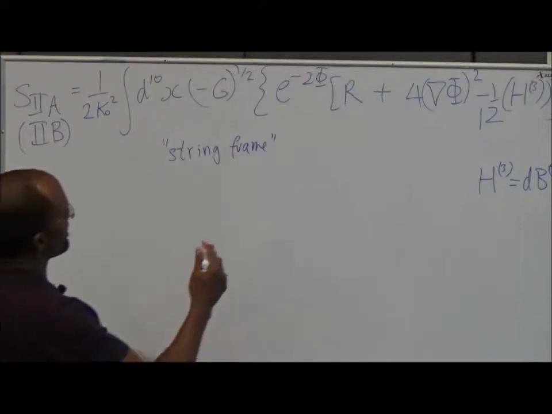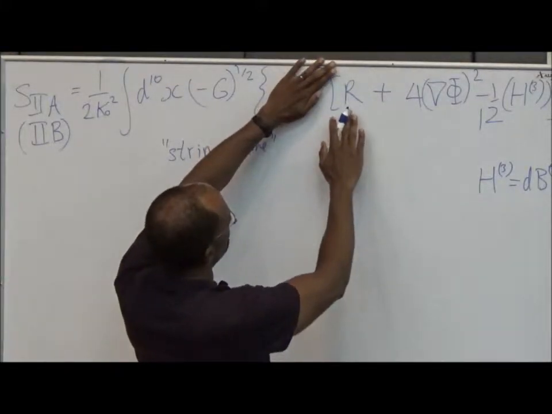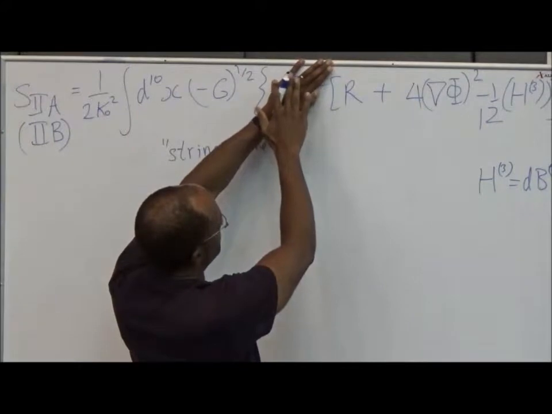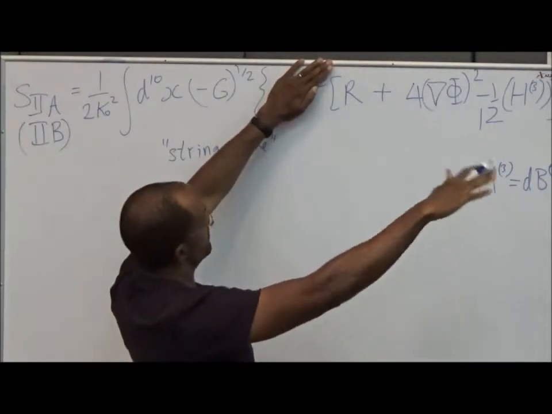Essentially the normalization you're familiar with from general relativity is where you would have just the Einstein-Hilbert term with no prefactor, and then if it's coupled to some scalars, they have more canonical normalizations.